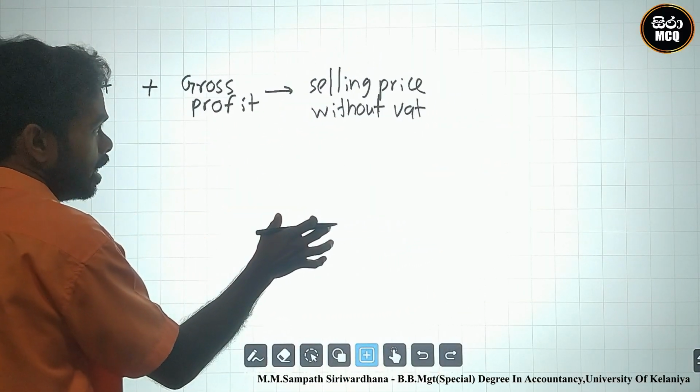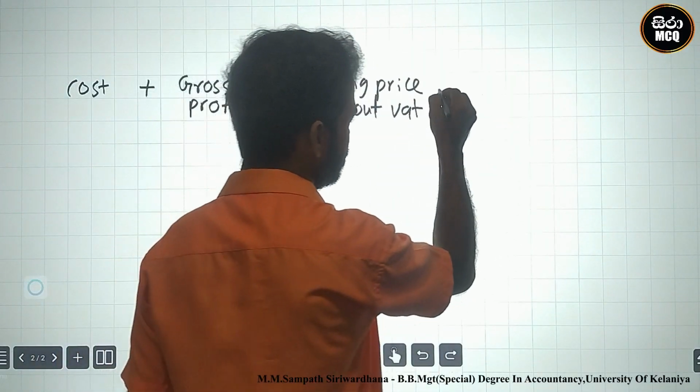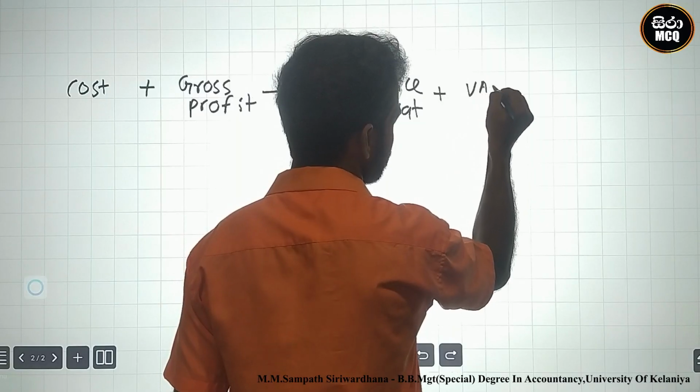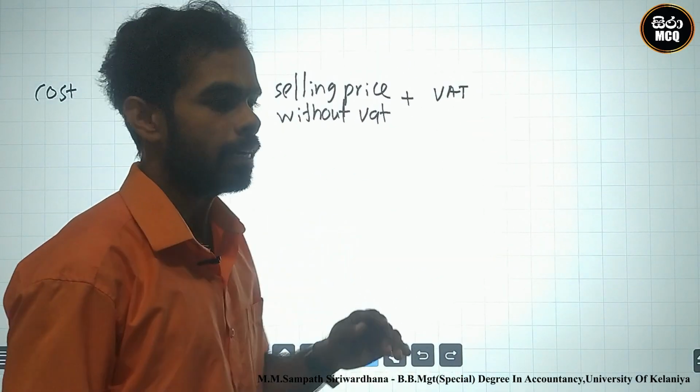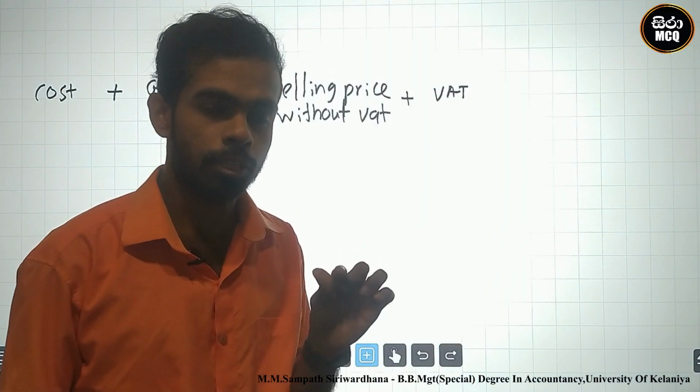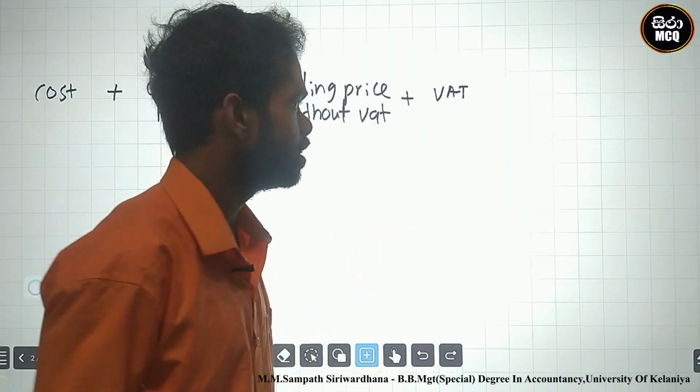After that we add the VAT amount, and then we can identify another selling price, including VAT.